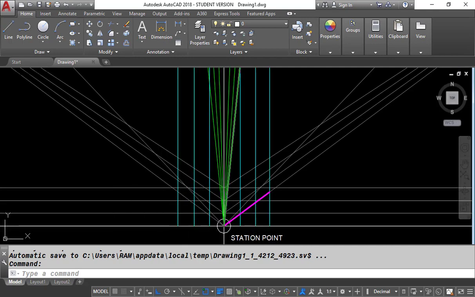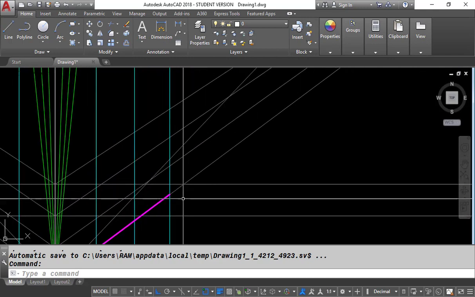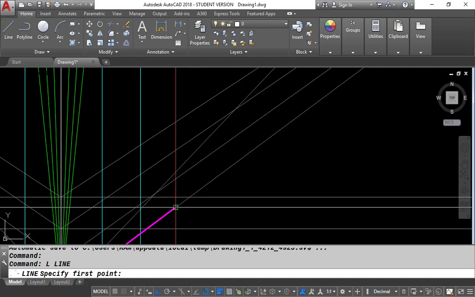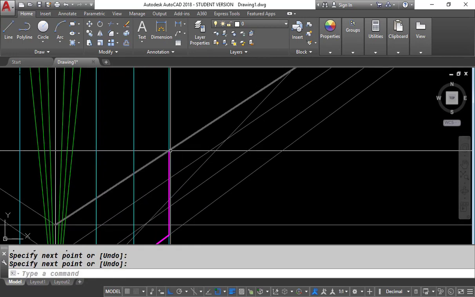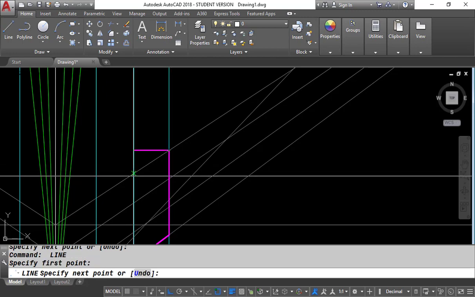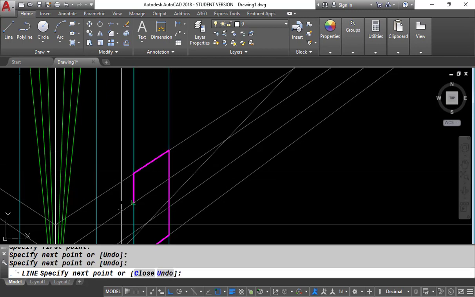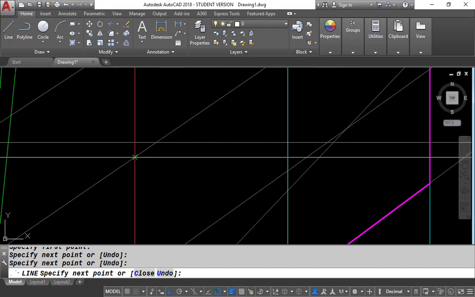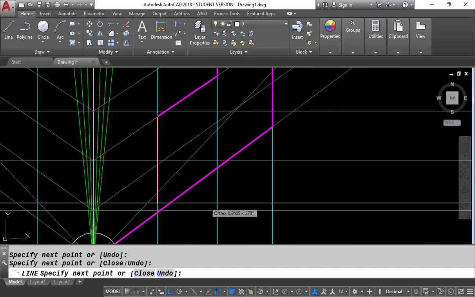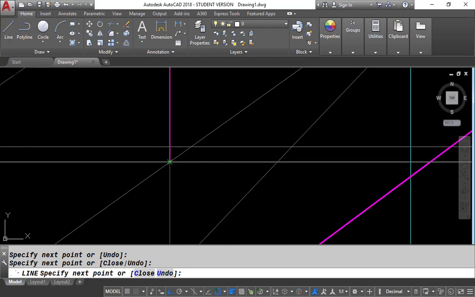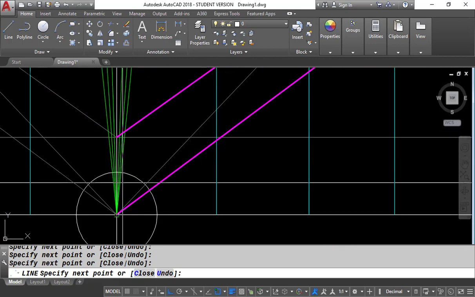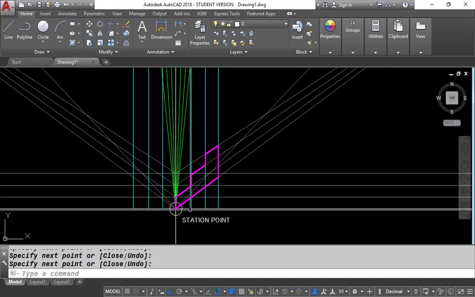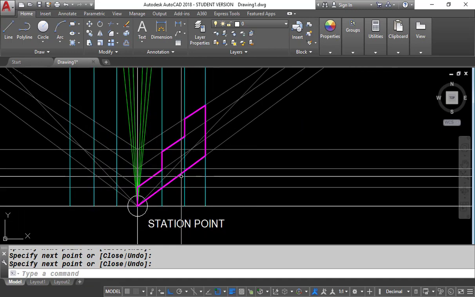Obviously you can also start from here as well. Now after that you have to connect this line to this point. Then you have to connect this line to this point, to this point. Again it will be connected here, again it will be connected here, and lastly it is connecting here and here. So this is our side view.